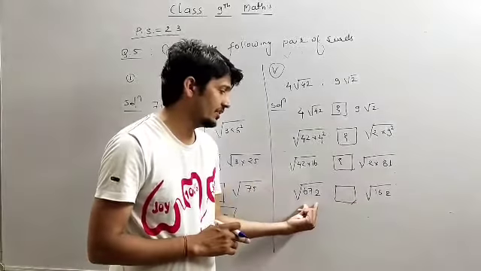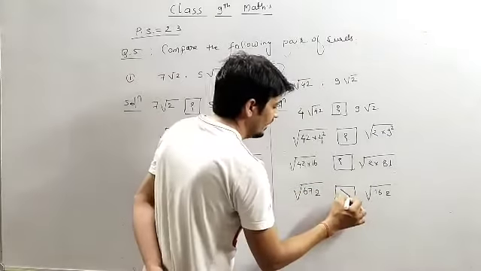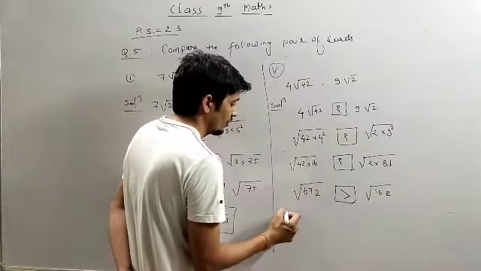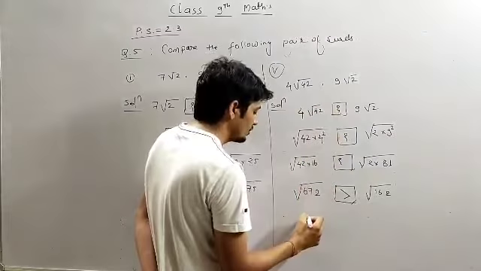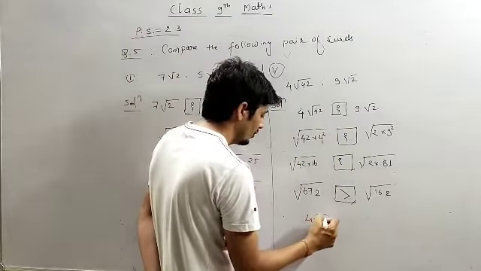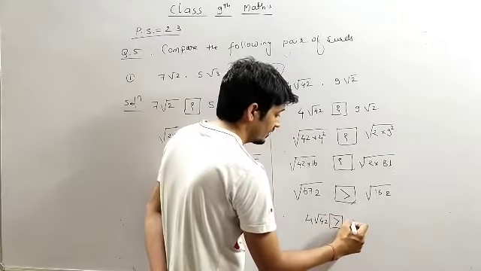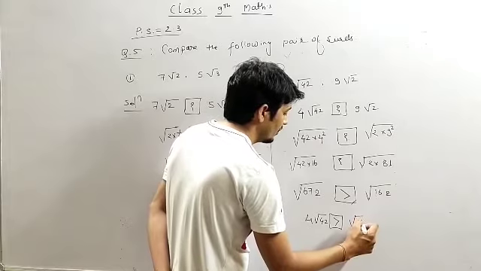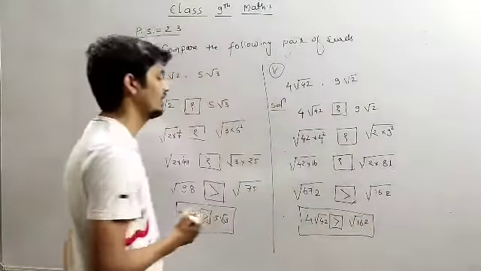That means this one is the greater, so we have to put the sign greater than. Therefore, 4 root 42 is greater than 9 root 2. Okay. So this is the answer.